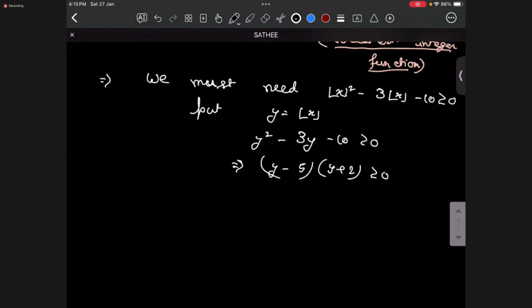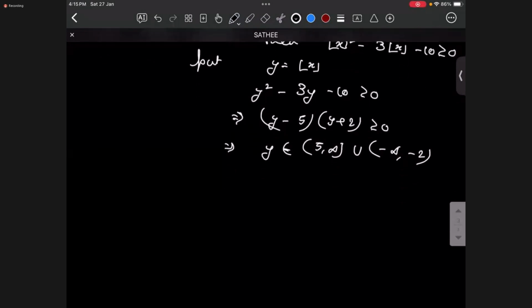Right? So from here, what we can say is that either y belongs to 5 to infinity, or y belongs to minus infinity to minus 2. How can you say?